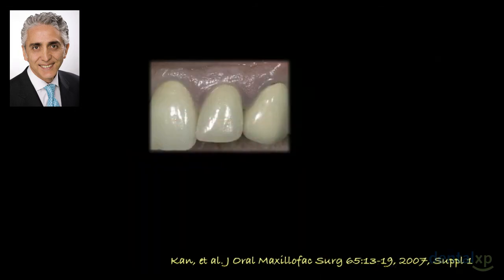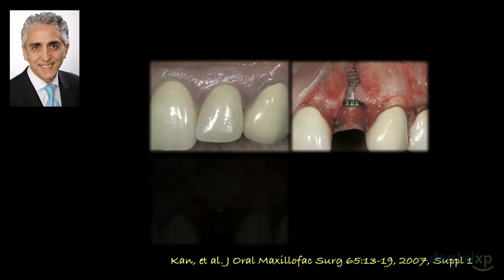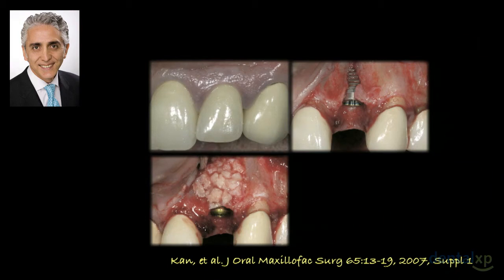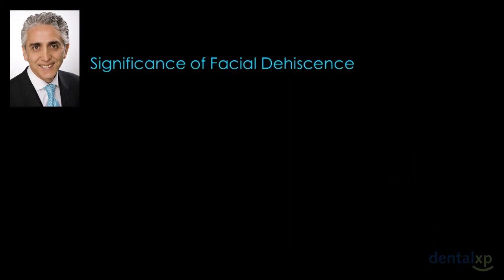There's also studies that have been published by Joseph Kan, which describe that in those cases where there was defects, the dehiscence defect, despite the augmentation, and these are images from his publication, there's going to be a significant amount of recession that takes place.